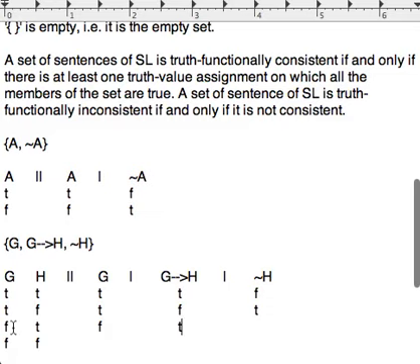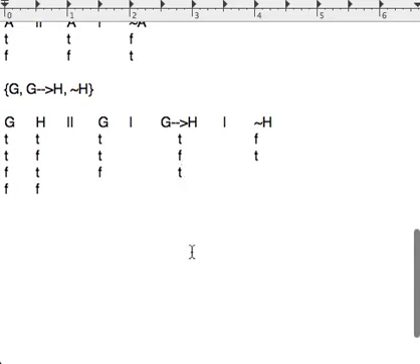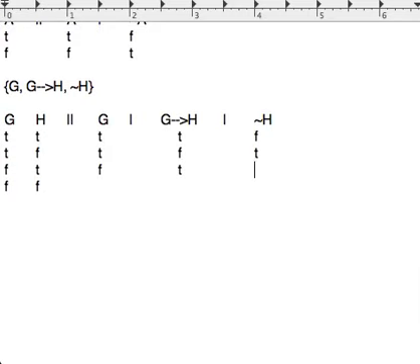And not H is false, because on this truth value assignment, H is true. So again, on this truth value assignment, not each of the sentences are true at the same time, right? So here we have both G is false and not H is false.